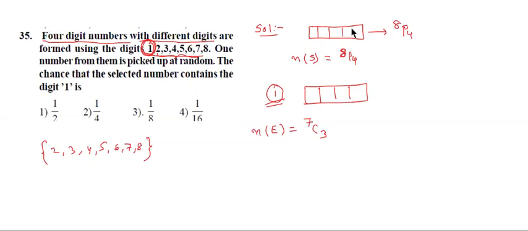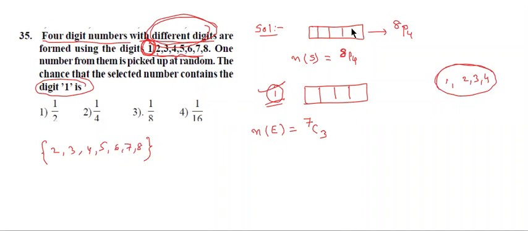After that, see the condition: different digits. Already one is clearly given in the question. One is selected; of the remaining 7 numbers, suppose I select 2, 3, 4.